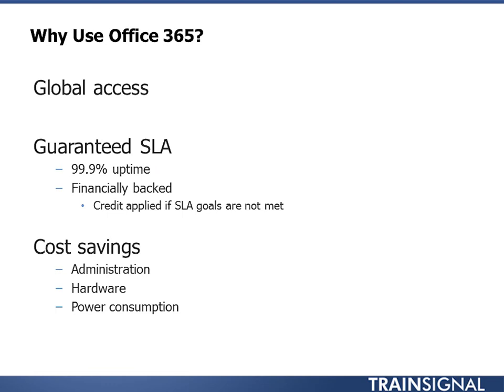Now, the biggest question right up front is why use Office 365? The number one reason, I think anyway, is global access. Regardless of where my employees are, regardless of what device they're using, they can access their information hosted inside of Office 365.